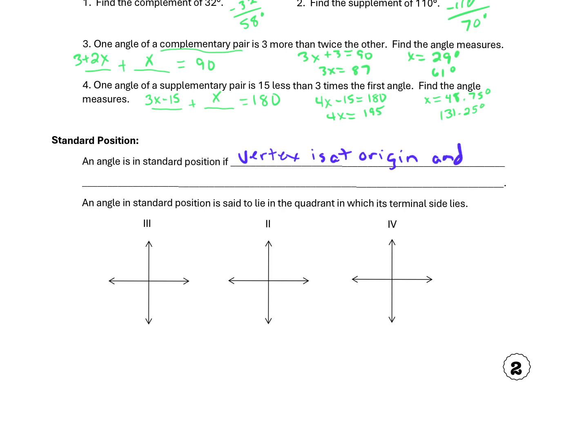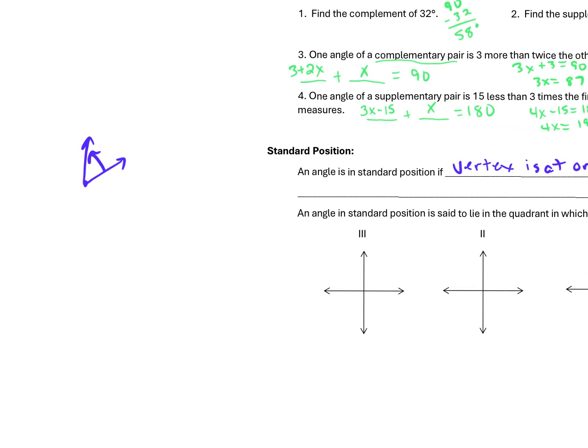and what's referred to as its initial side, right? We started this ray here, and then we rotated and we ended here. So we're going to talk about what's referred to as our initial side, and then what's referred to as our terminal side.